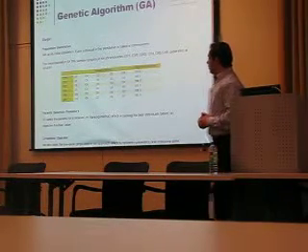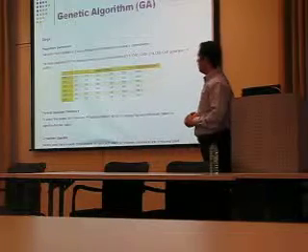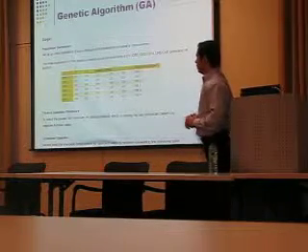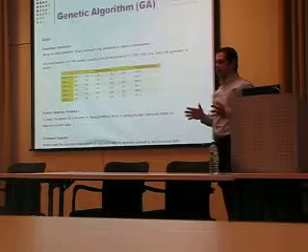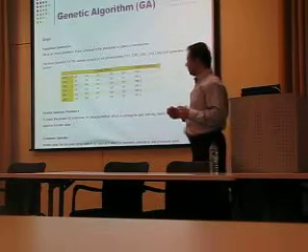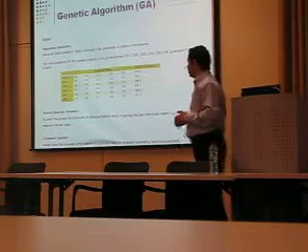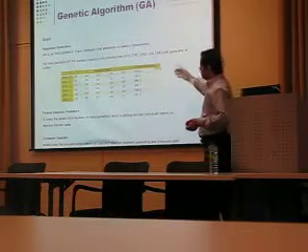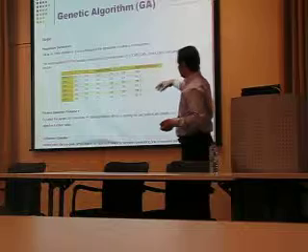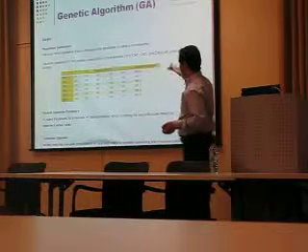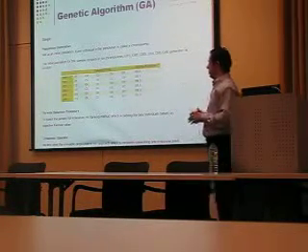The first step in the genetic algorithm is making a population. Populations can be generated randomly, and each individual in this population is called a chromosome. For example, in this population we have 6 different chromosomes, and the next step is calculating the objective function for each chromosome.